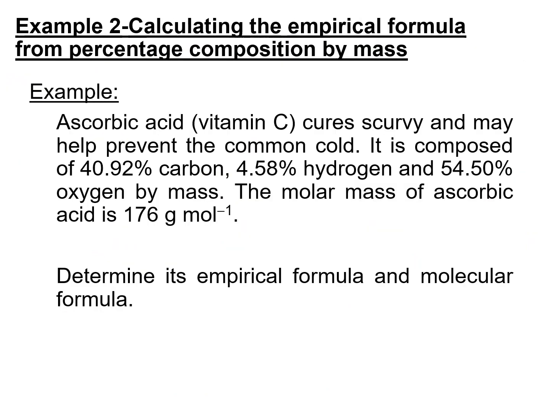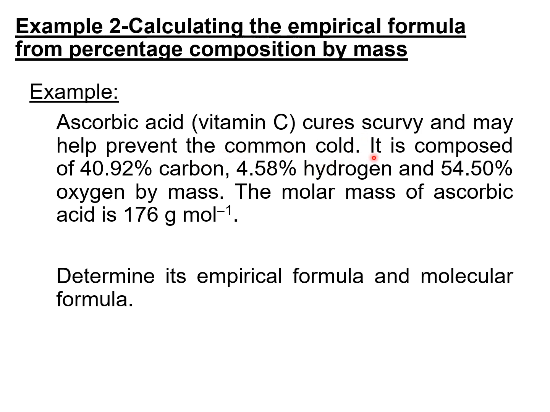Example yang seterusnya, macam mana nak calculate empirical formula kalau diberi percentage composition by mass? Contohnya dalam soalan ni, diberi ascorbic acid. Ascorbic acid ni adalah another type of vitamin C, which can cure scurvy and may help prevent the common cold.